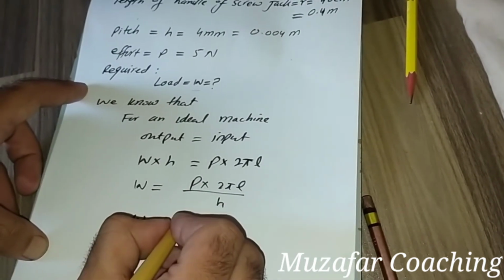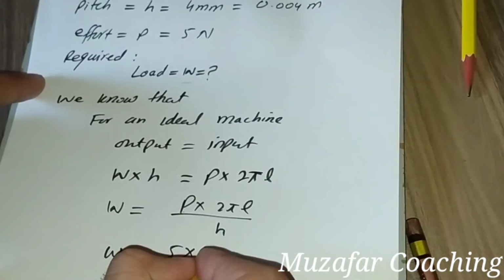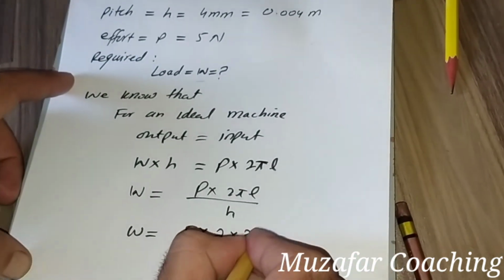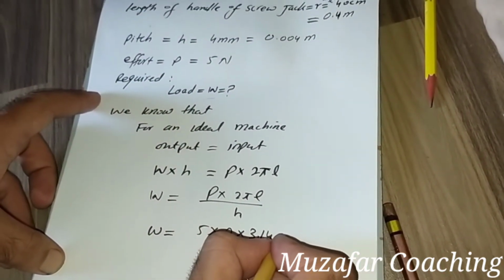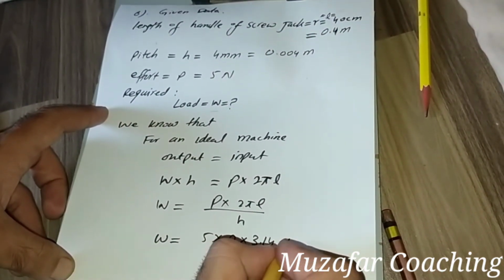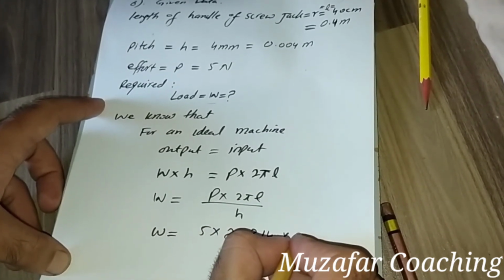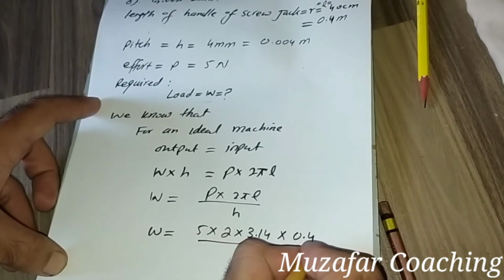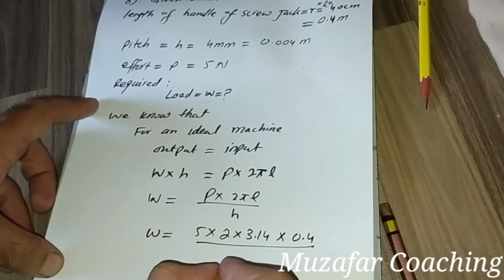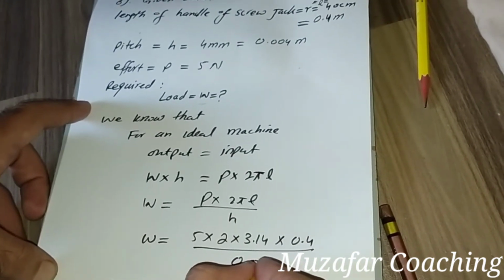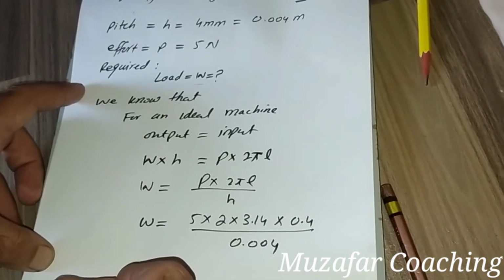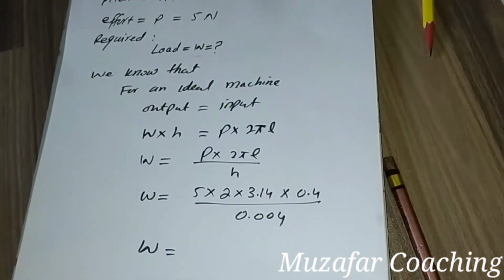What is P over here? It is 5. 2 is as it is, and the value of pi is 3.14, and the value of L, or R, is 0.4. We will be dividing with H. What is H over here? 0.004.